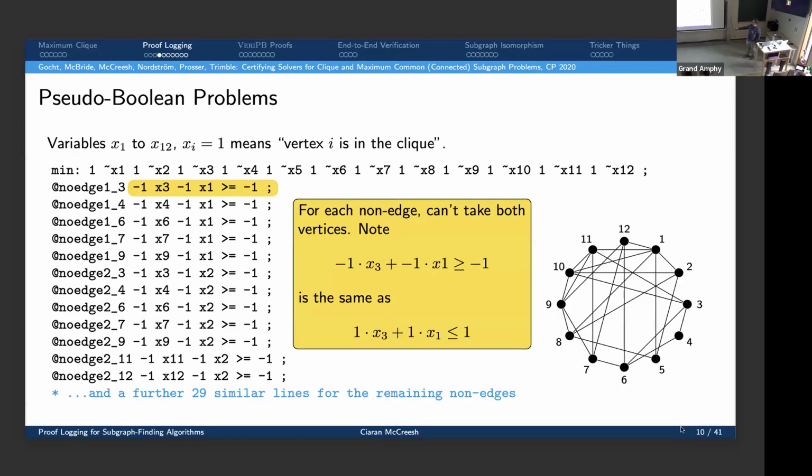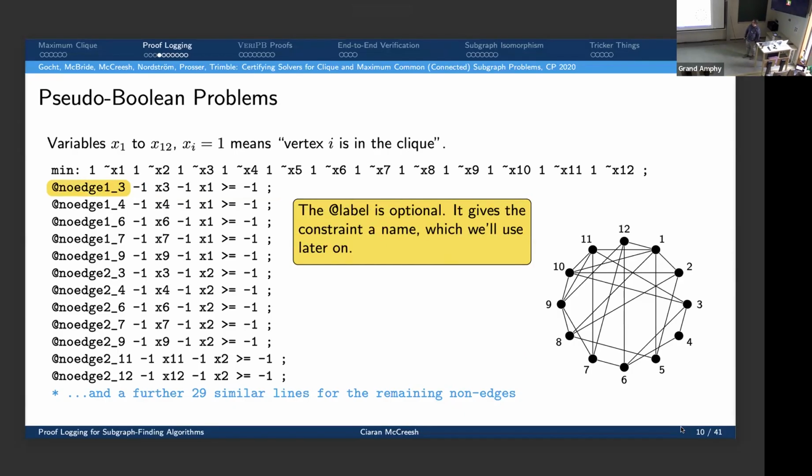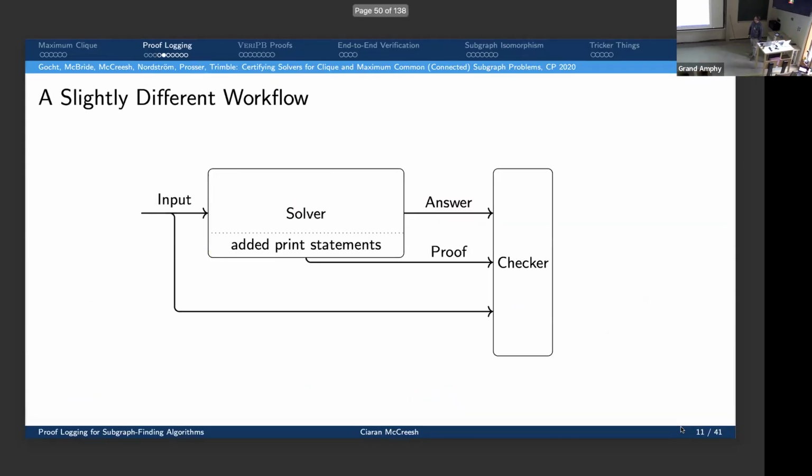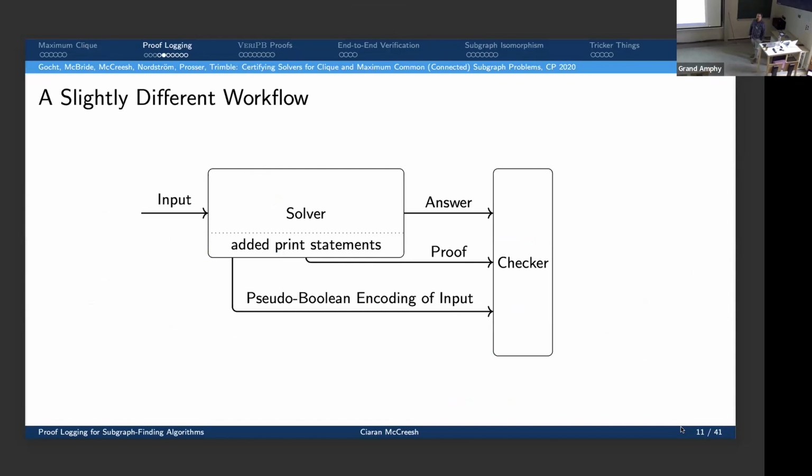So I'm going to call this constraint no edge 1, 3. If you don't like these text labels, you can pretend that they correspond to numbers. This is what's happening, but for convenience, I'm putting these labels on. And yes, we're going with a slightly different workflow. So we are trusting the solver to produce the pseudo-Boolean encoding, the input, at least for now.